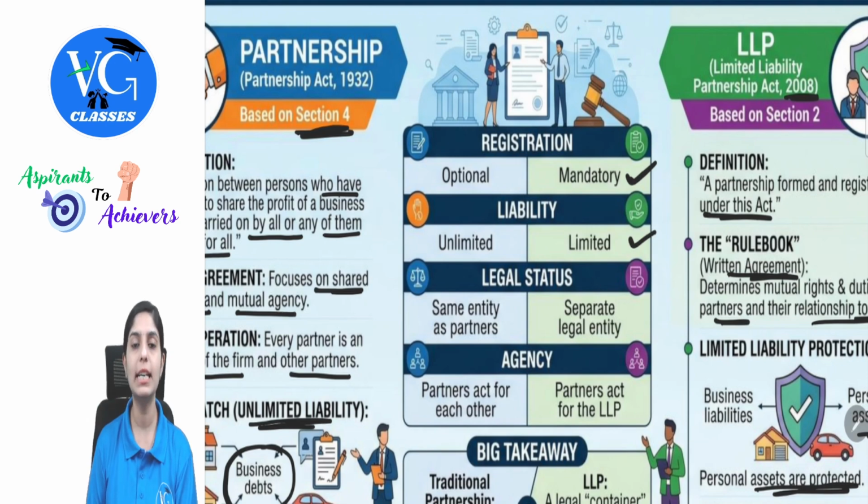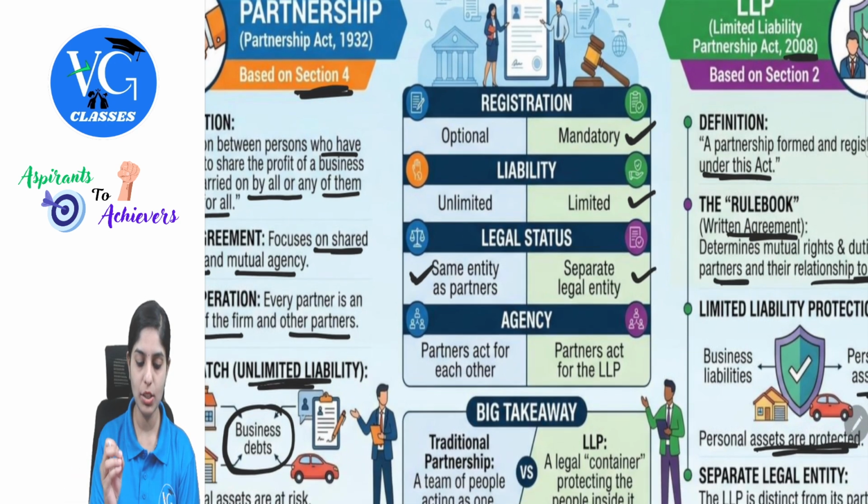With respect to legal status, that is how it can be understood in legal consequences, it is the same entity as the partners; there is uniformity with respect to identity, and no distinction between partners and the firm, whereas under LLP there will be a separate legal entity.